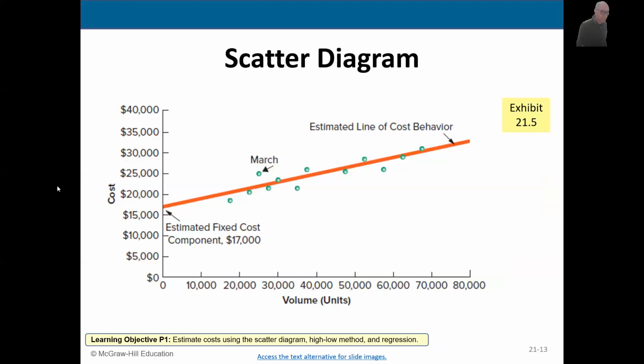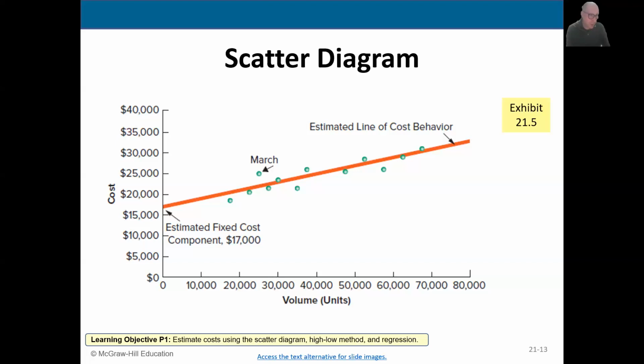So here we have this scatter diagram. It's a graph of the number of units being produced and its respective cost data. That's what each point on the graph shows us. For example, in the month of March, it shows that we've produced 25,000 units from the x-axis, and on the y-axis, a cost of $25,000.